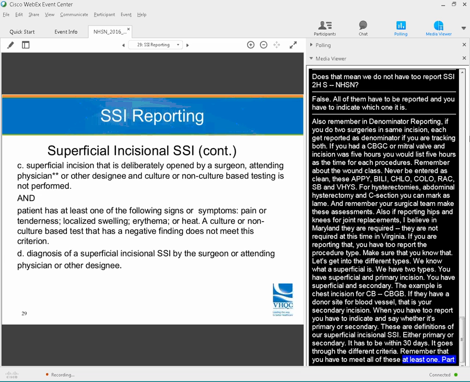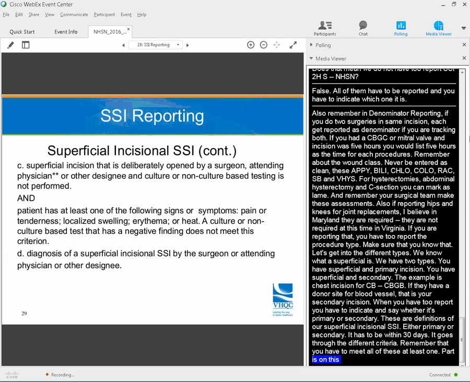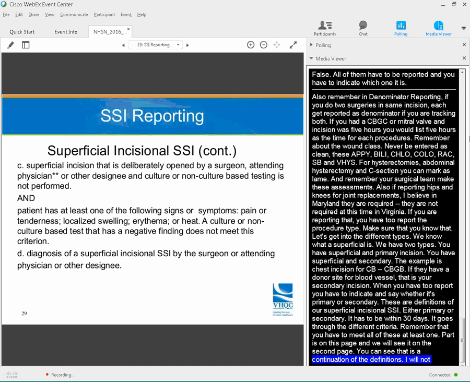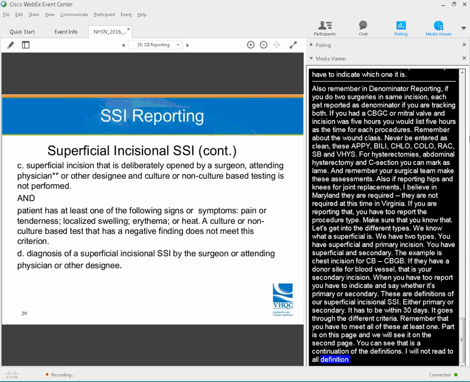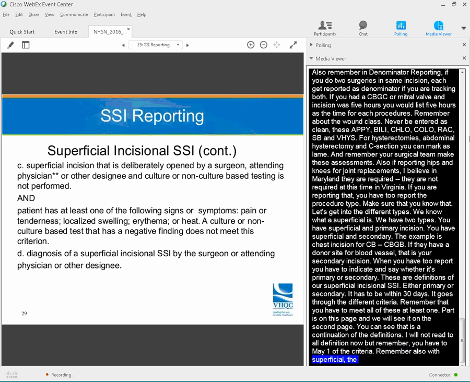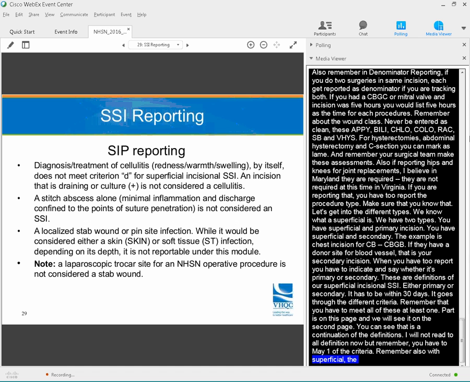And you can continue to see that's part of the same definition. And you have to have all these things. So I'm not going to read through all the definition now just for time, but just remember that you have to meet one of those criteria. But remember also with superficials, the last one is D, and one of them is diagnosis of a superficial incisional SSI by a surgeon or attending physician.